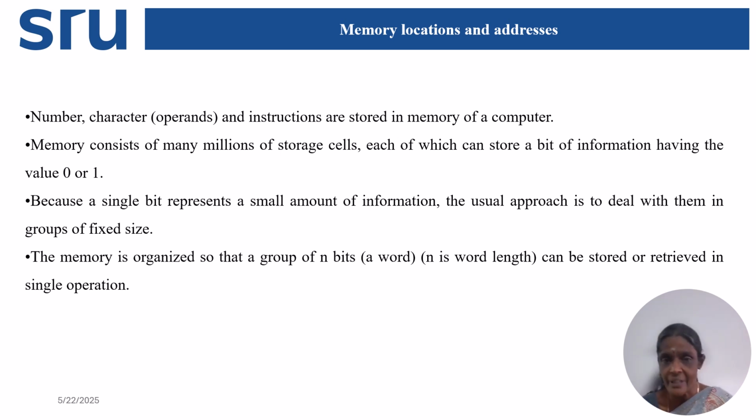So for any data to be operated upon, or whatever the instruction or information we need, definitely they have to be stored in any of the memory locations. Those memory locations are available in the computer.